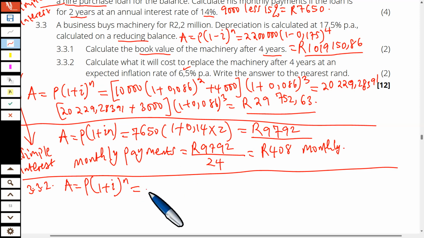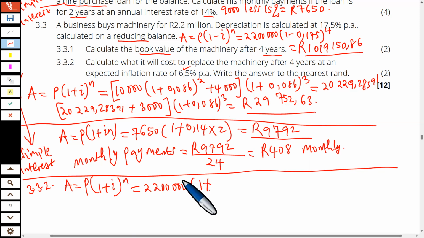Right, so we have 2.2 million because this business buys machinery for 2.2 million. So it is 2,200,000. That is the cost of the machine. 1 plus, right, what is the inflation? It is 6.5% per annum.